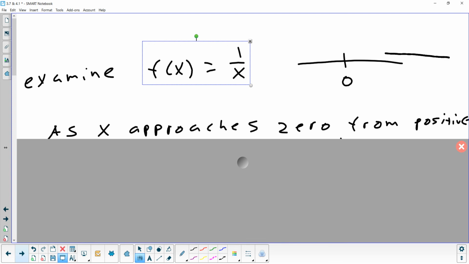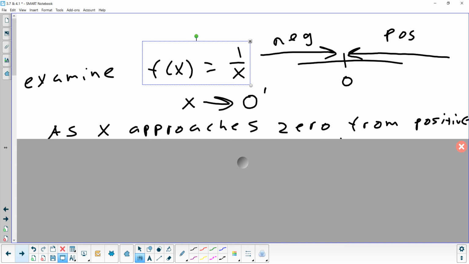This means to approach 0 from the right, or the positive side. This means to approach 0 from the left, or the negative side. So you might see this abbreviated like this, as x approaches 0 from the positive side.